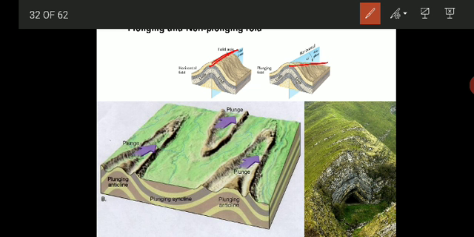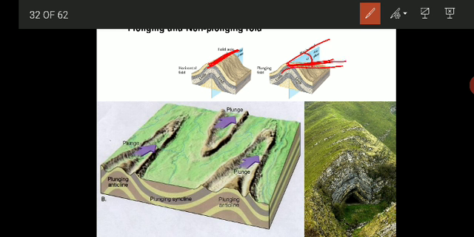So the fold which has an inclined axis, here you can see the fold has an inclined fold axis, and the angle of inclination of the axis with the horizontal plane is called the angle of plunge or plunge angle. The folds whose axes are horizontal are called non-plunging folds. Here the fold axis is horizontal, so it is a non-plunging fold, and this is the plunging fold wherein the fold axis is inclined.